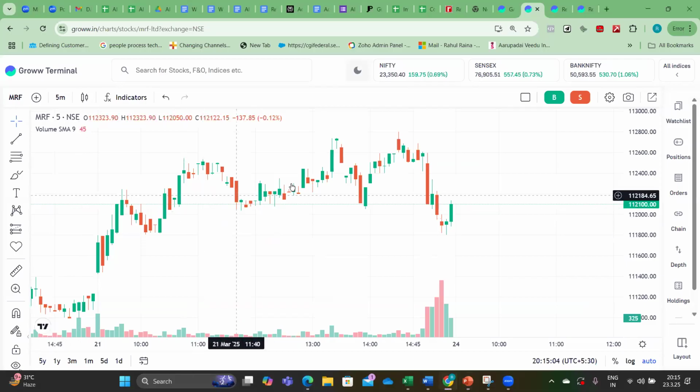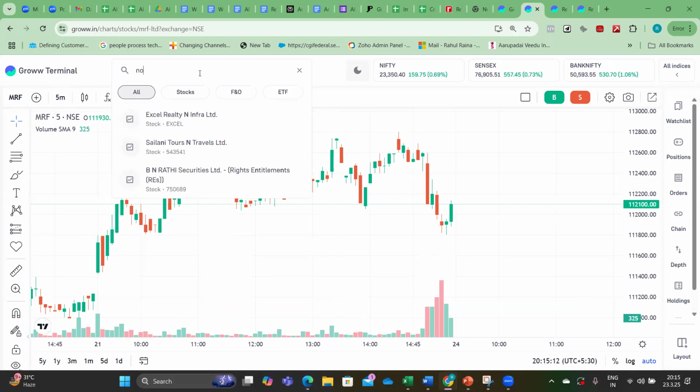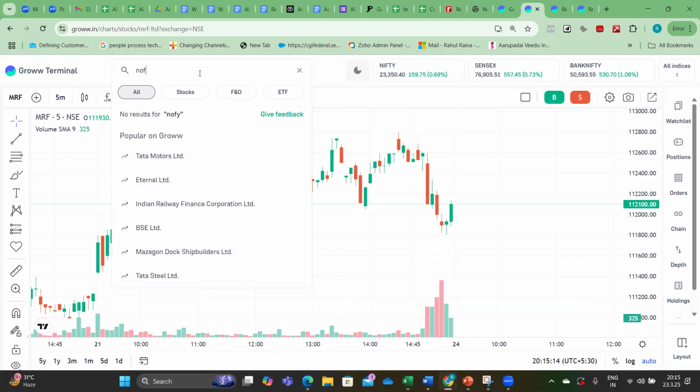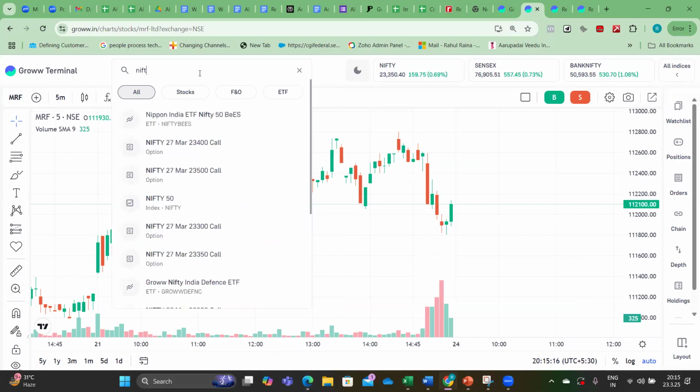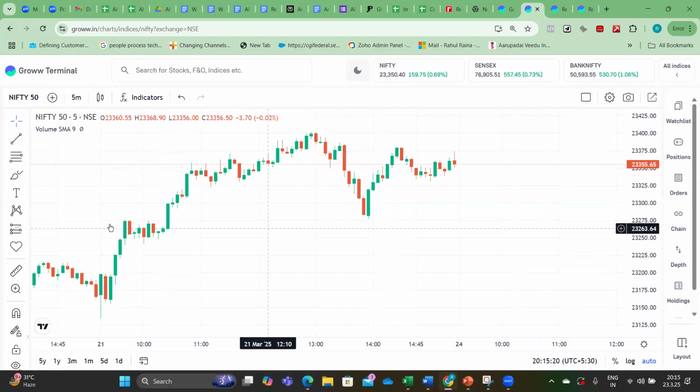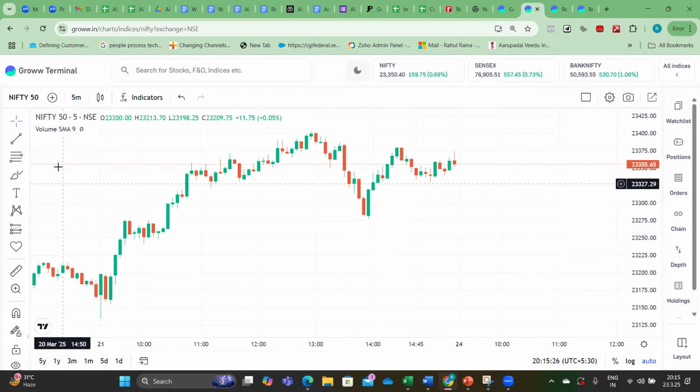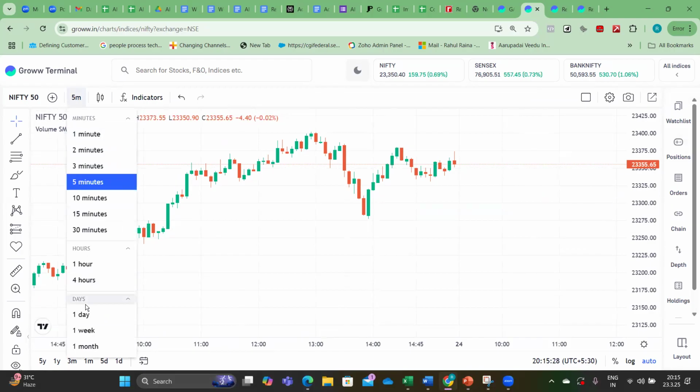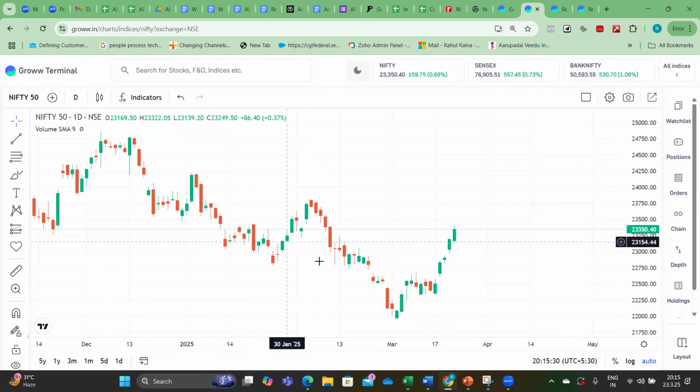If you see the time frame on the right-hand side, this is the price. Let me show the Nifty chart, it's easy for you to understand. This is Nifty 50. On the right-hand side, you are seeing the Nifty levels. On top, you have what is happening in Nifty on a daily basis, every day.